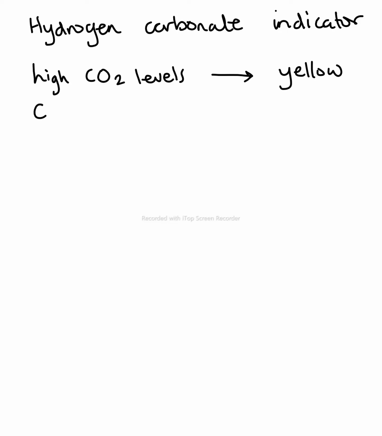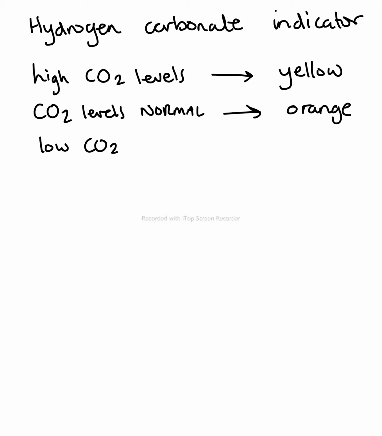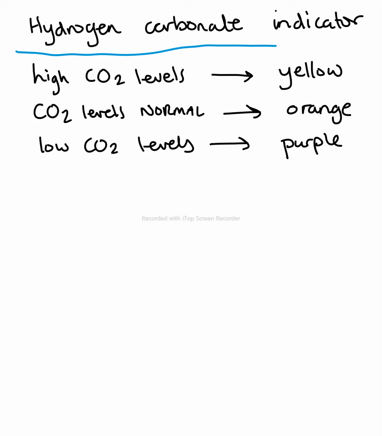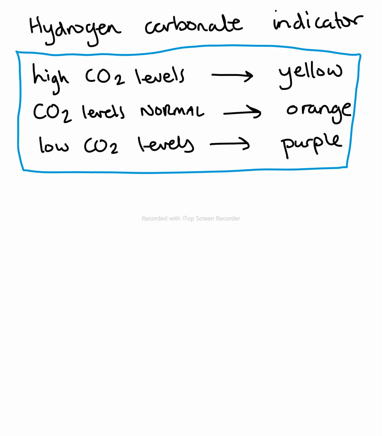When you've got normal CO2, it's going to be orange, and when the CO2 levels are low, it's going to be purple. I think it'd be good to know these. If you're sitting the triple science, it's good to know these.